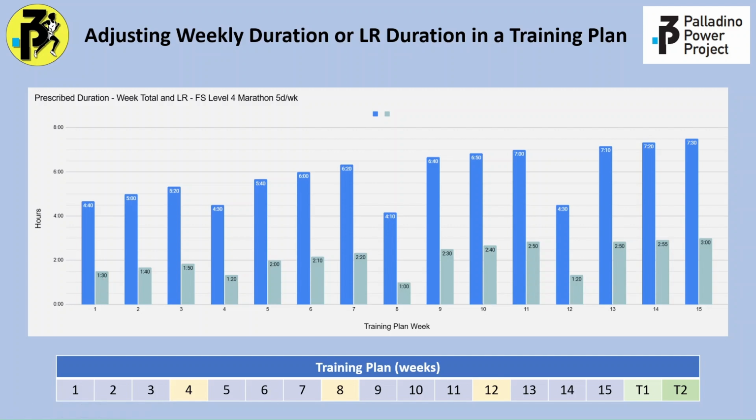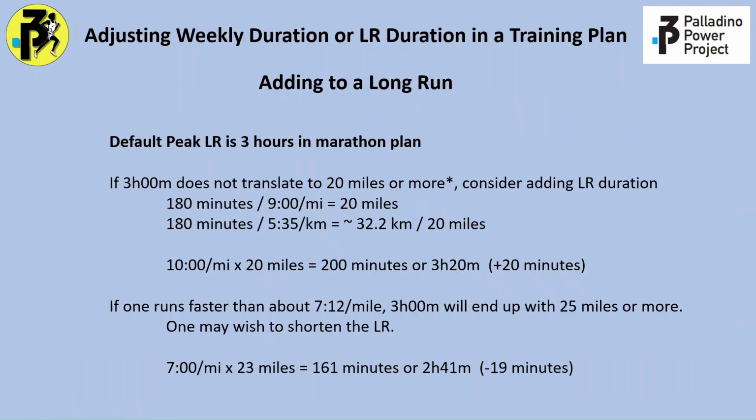If you can't handle an hour and 50 minutes at the start of the plan so you can maintain that added 20 minutes to every one of these long runs, if you can't do that, then you either start a build plan and work backwards until you can get to something you can handle and then progress from there. Or you abandon it, you just stick with the plan because you can't handle an hour and 50 minutes at the start. All right? So that's for adding to a long run.